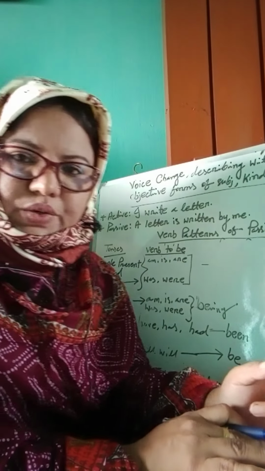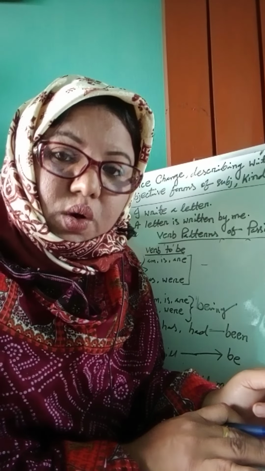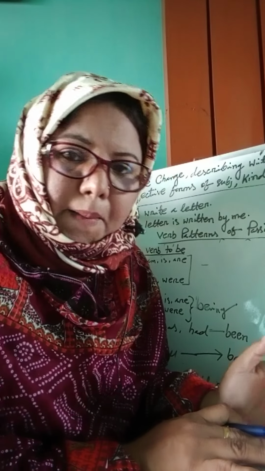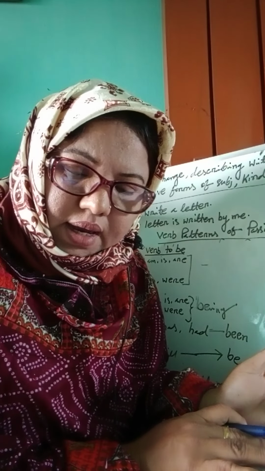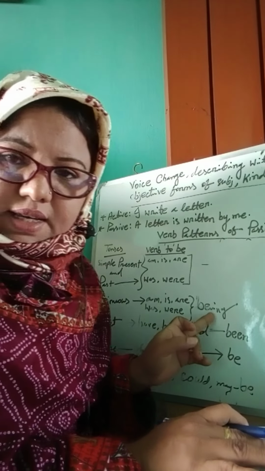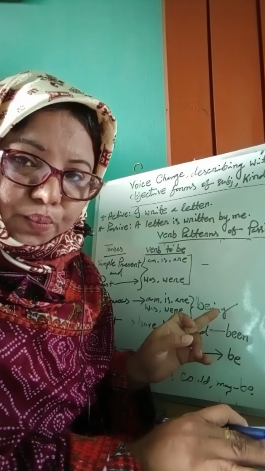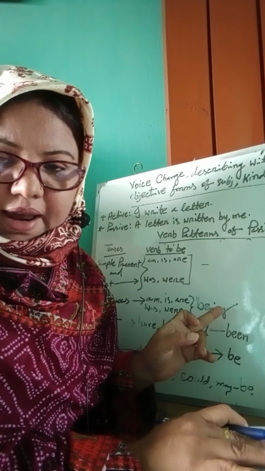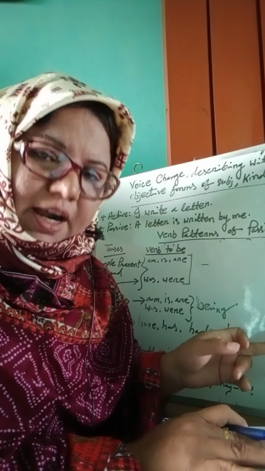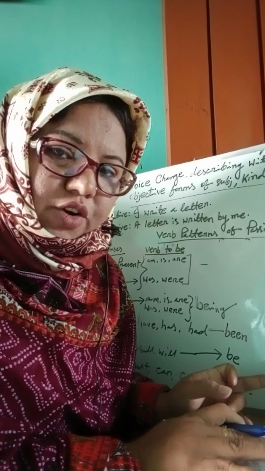And for present continuous, am is are is the auxiliary verb in passive voice. And being is added after am is are, and then the main verb will be changed into verb 3 as usual, for all the time in passive voice.